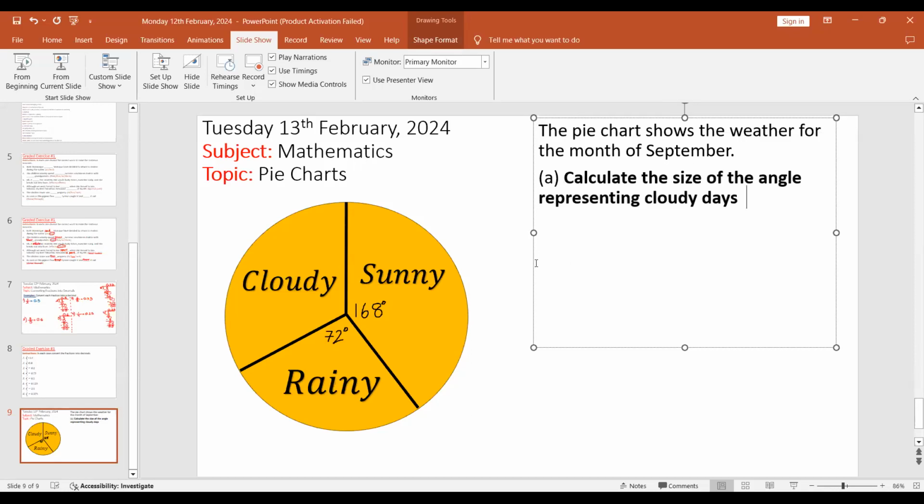Anyone have any answer? How are we gonna get the size of the angle representing cloudy days? Nevaeh, if you're talking, I cannot hear you. Yeah, you can subtract 168 from 72. Can you let me know? Yes, sir.